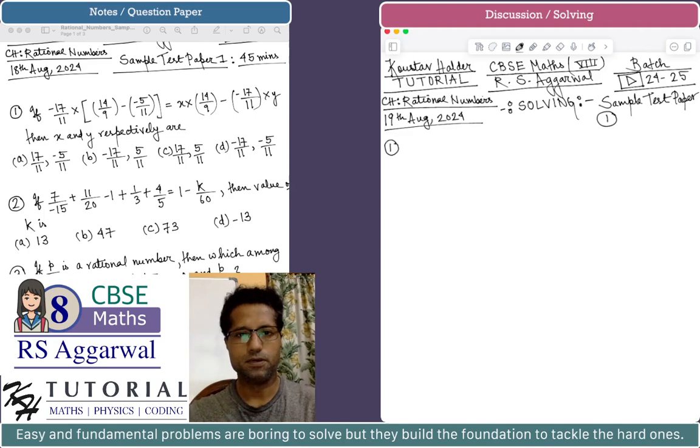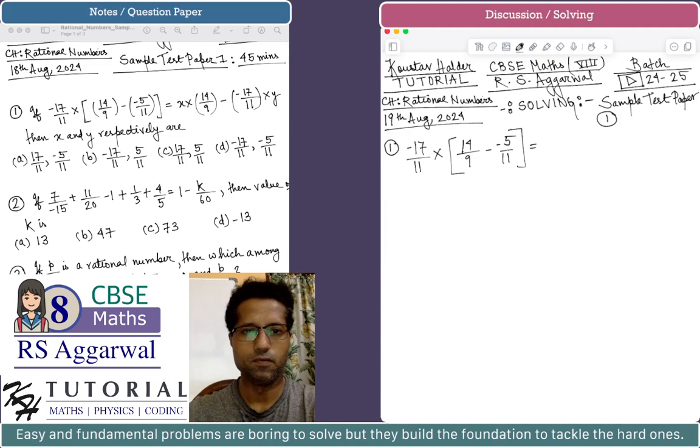The first problem is we have an equation, and on the right hand side we have two variables x and y. Let's write the equation: minus 17 by 11 multiplied by, in the brackets, 14 by 9 minus minus 5 by 11, bracket closed.